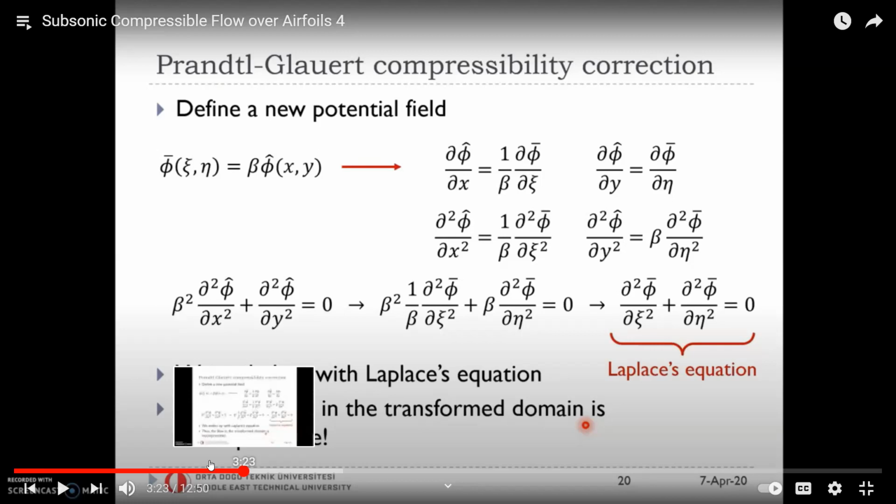Again, the idea is to obtain a solution for incompressible flow, find this relation, which is called the correction, and using that correction, estimate the value for the compressible flow. That's the ultimate objective here.